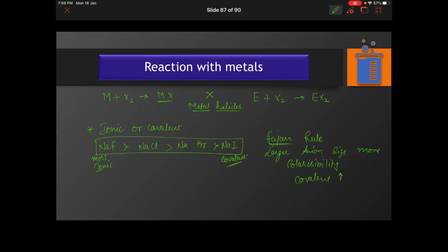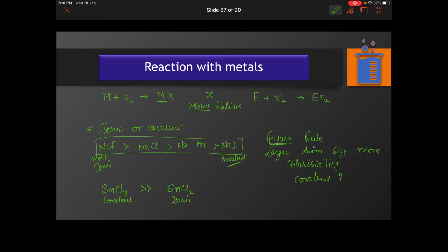Then in the same point, it sometimes asks you, like if there is a metal which can show variable oxidation state like Sn, so it shows tin chloride SnCl4 and there is tin chloride like SnCl2. So it asks that among the chlorides of tin, which is more ionic and which is more covalent. So again, the answer is SnCl4 is more covalent and SnCl2 is more ionic.